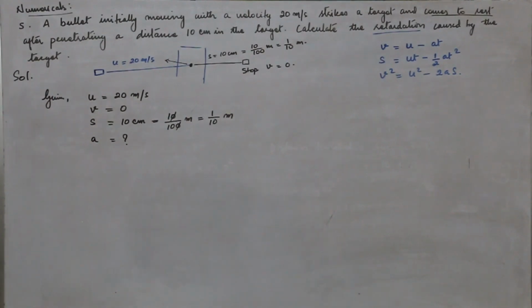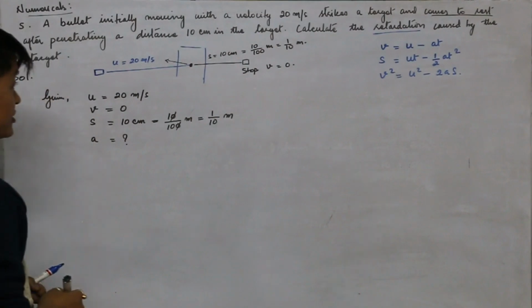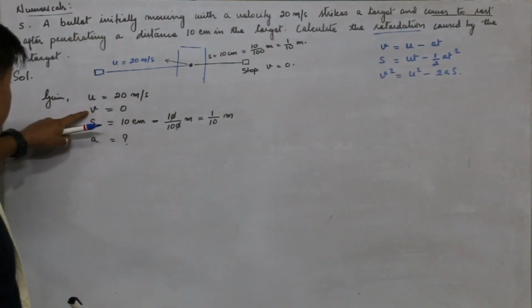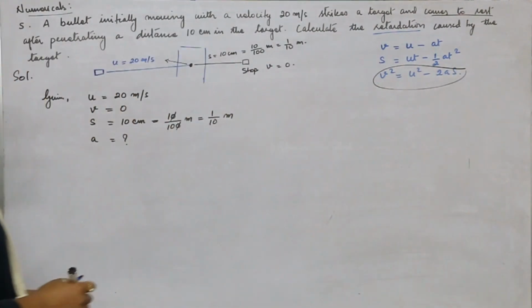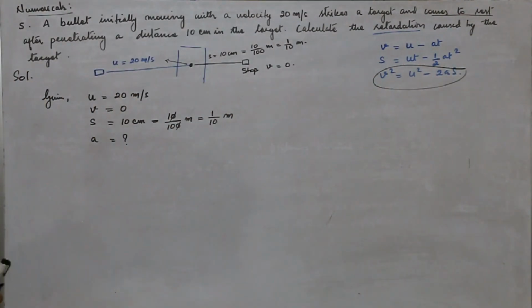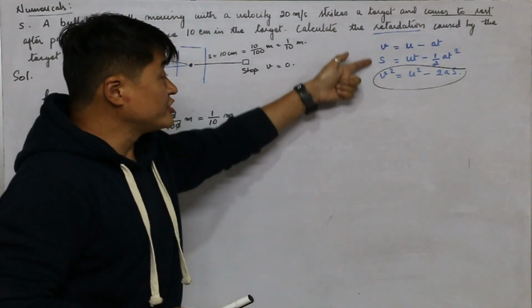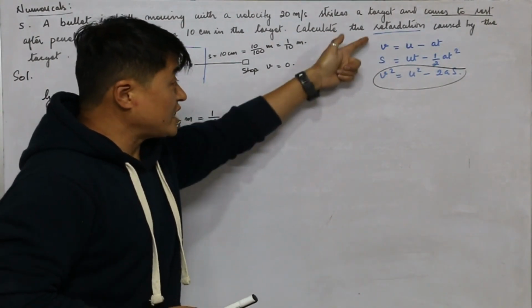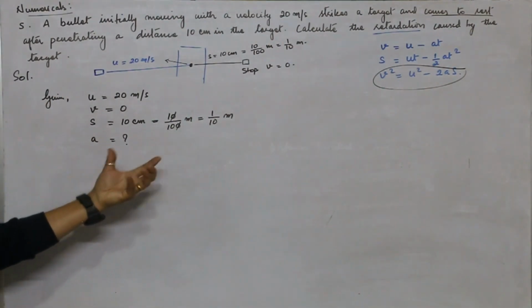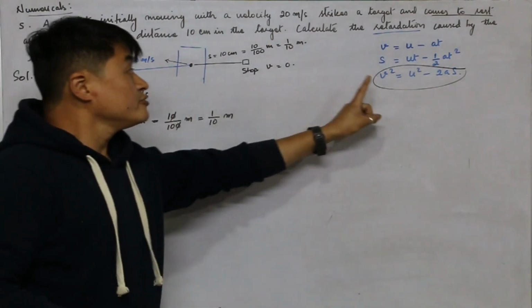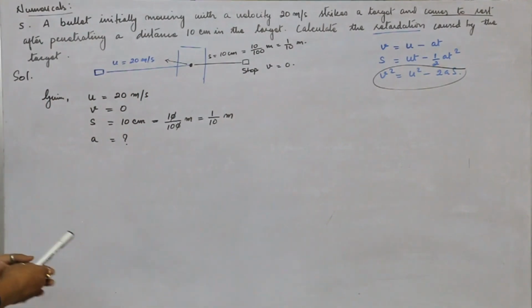Retardation also we can take as A. Then which formula do we have to use? We have here V, S, U. Time is not given, so we can use this formula. So it is very important to know these formulas, and we have to write down the equations. Then with the help of the given, we can easily understand which equations to use in this question.